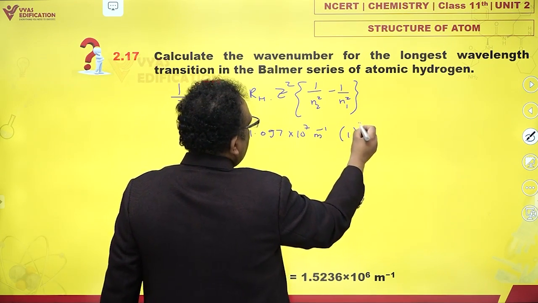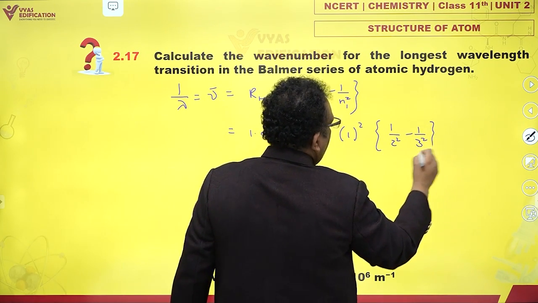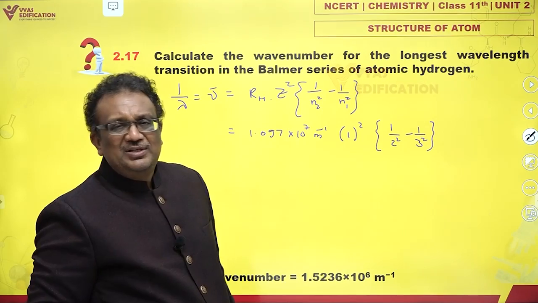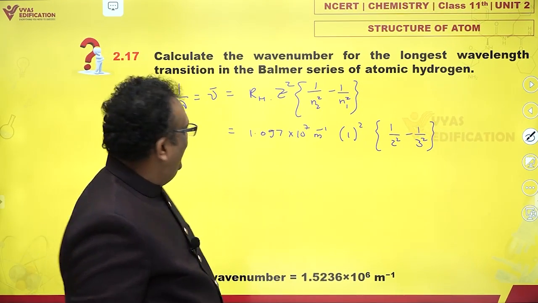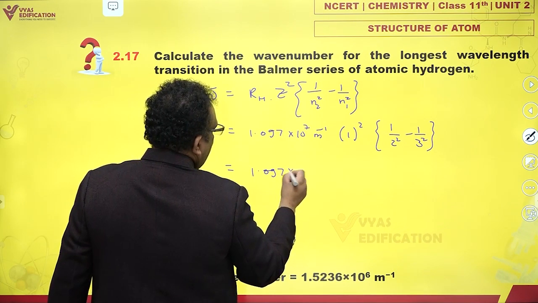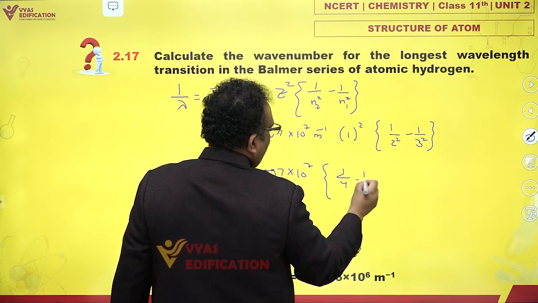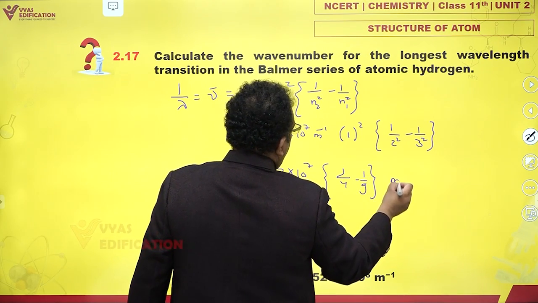Z is 1 square, 1 upon 2 square minus 1 upon 3 square. That looks awfully simple. It is awfully simple. So, what do I get? I get 1.097 into 10 raised to 7, 1 by 4 minus 1 by 9 per meter.